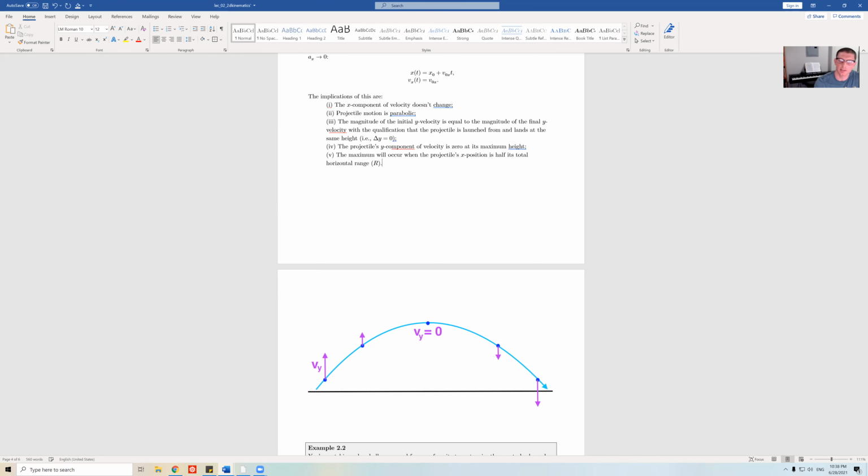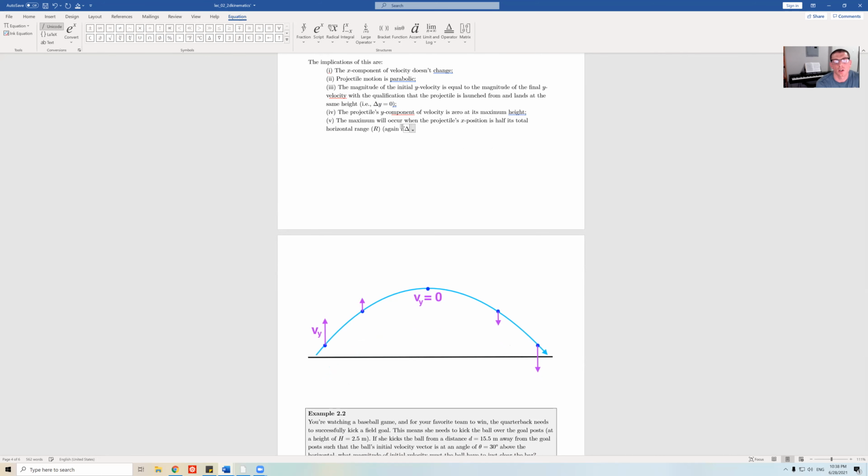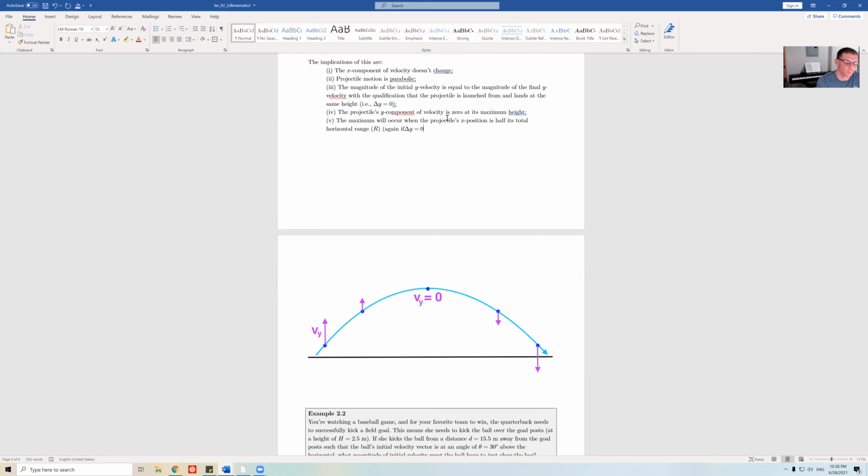So what I'm saying is that, and I should say that I'm just going to copy and paste this, because this is also going to depend on our delta y being 0. Or let me say it more succinctly here: again, if delta y equals 0, right? And so this is the symmetry of projectile motion that we're talking about.